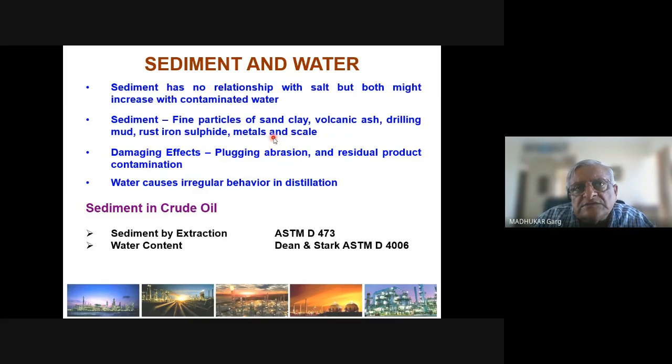So what we do, let's say in Reliance, and I'm sure the same thing is done in every refinery, is that when you pump out crude oil from the ship, you store it in very large tanks. The area of a tank would be equivalent to something like 5 football fields.